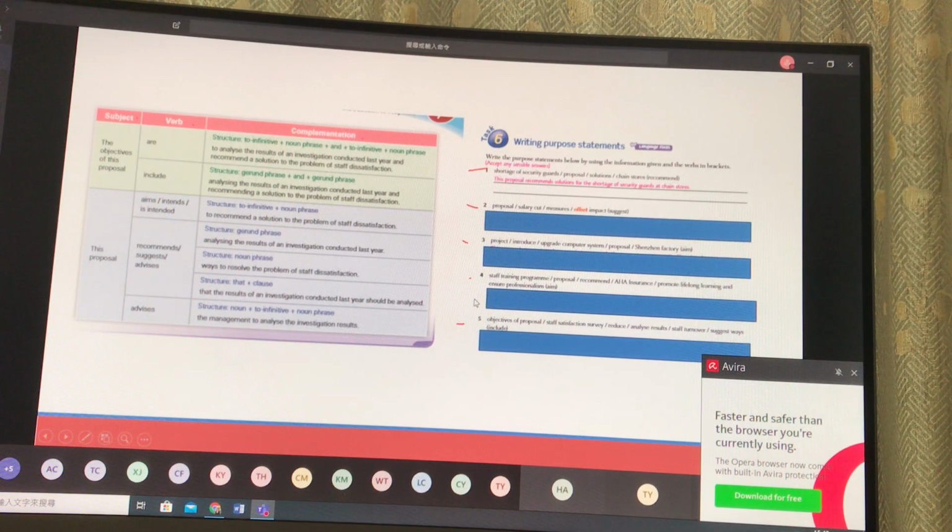So the first one, all we have up here is shortage of security guards, proposal, solutions, and chain stores with the word recommend. And we have taken this proposal. Ooh, that was too dark. Sorry about that. This proposal.